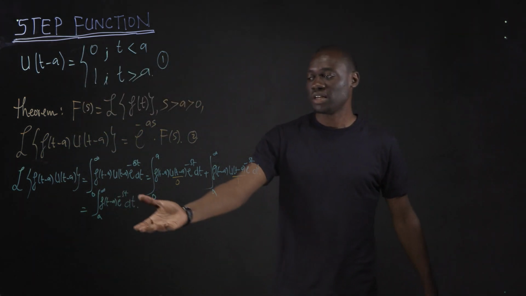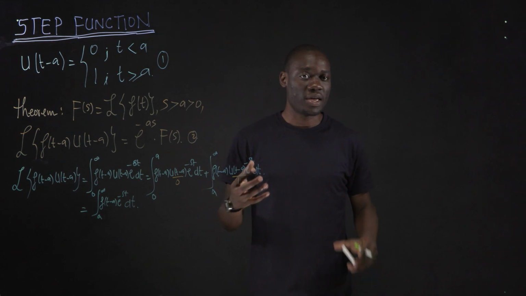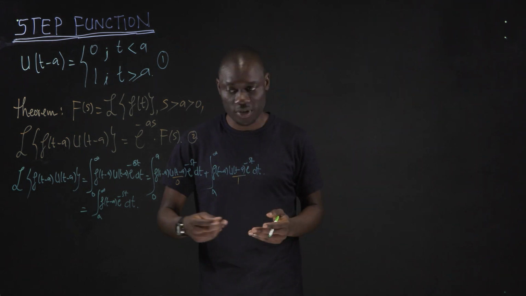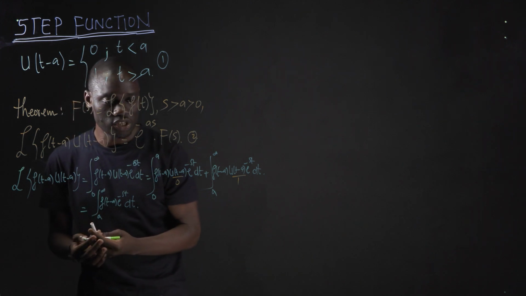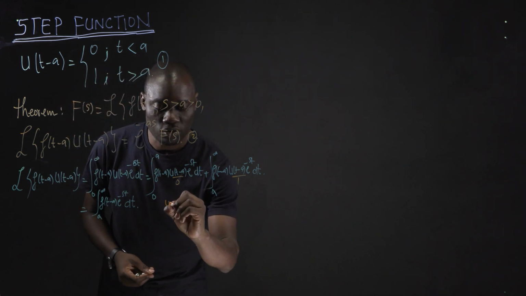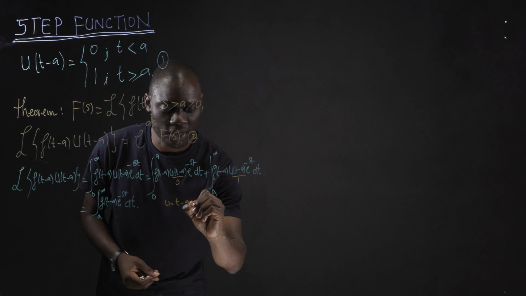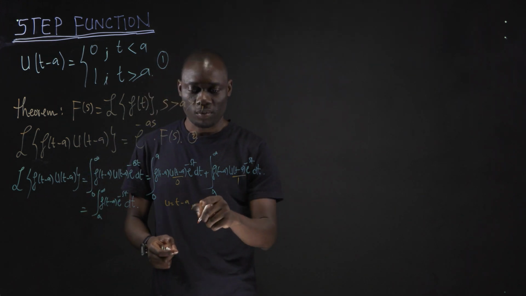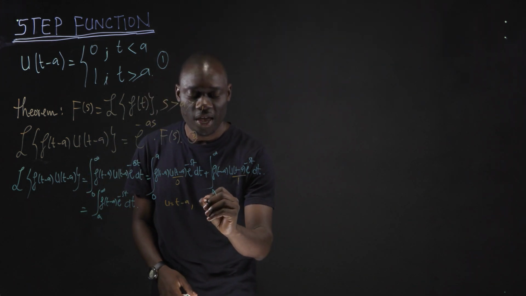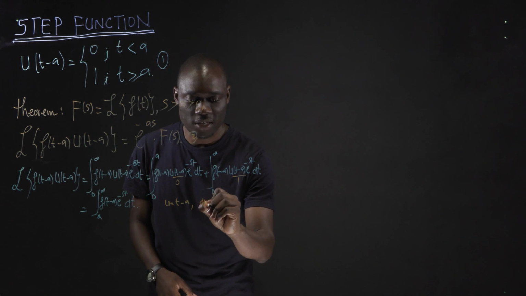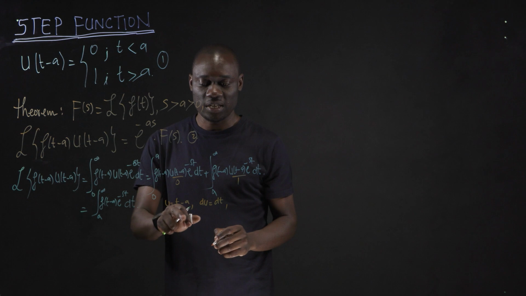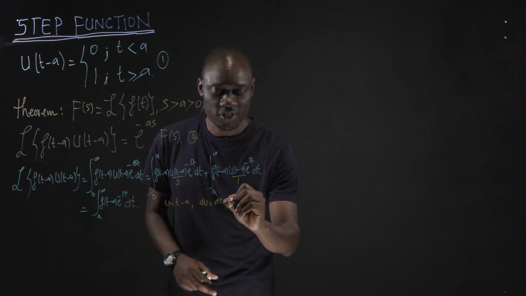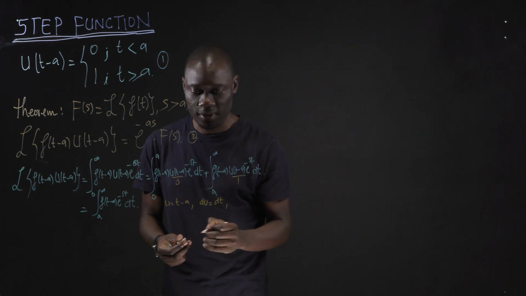How then do we evaluate this integral? We apply a change of variable. Let u equal t minus a, so that du equals dt. If t equals a, then u will be 0.